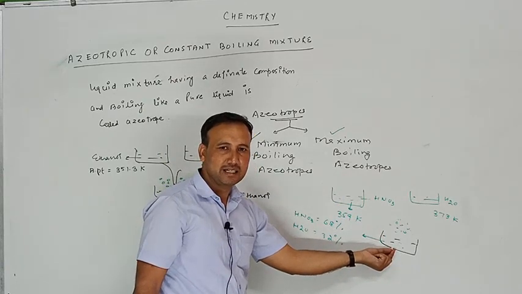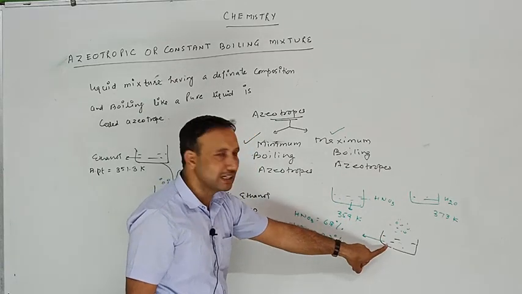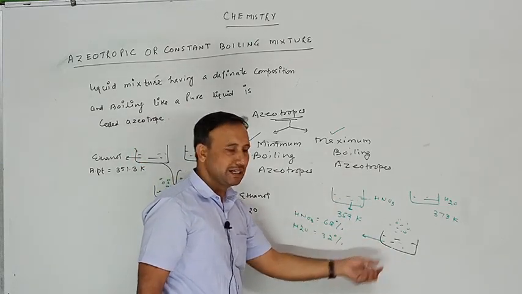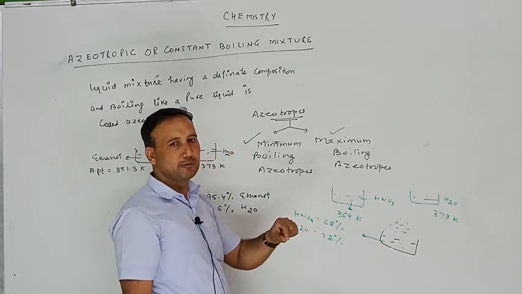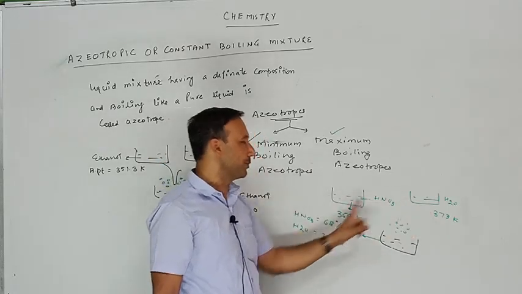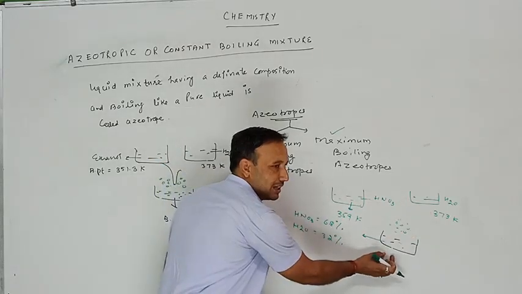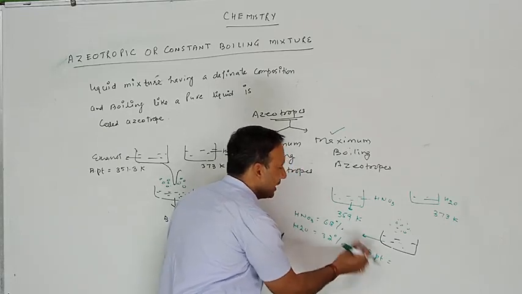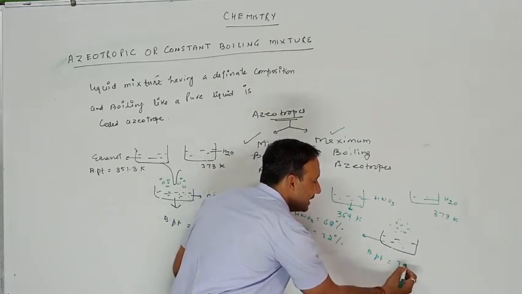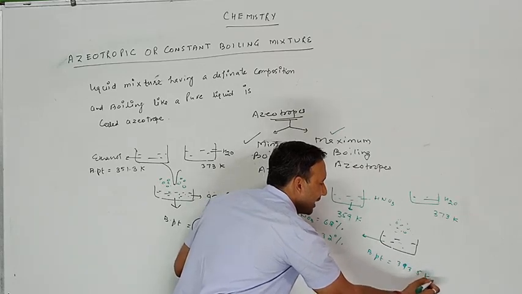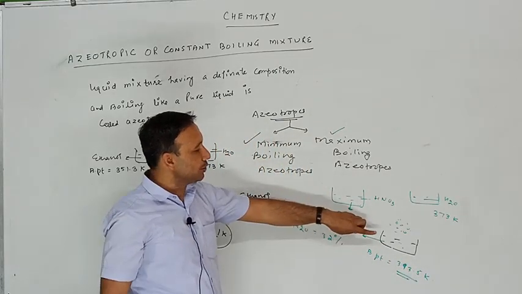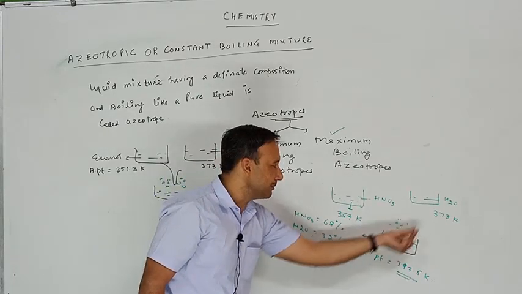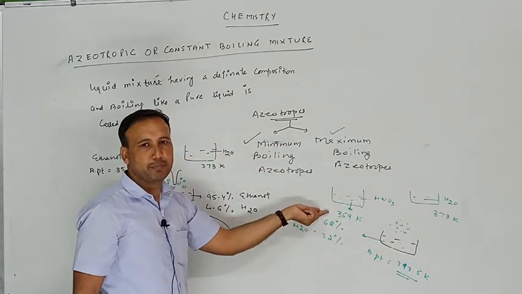And this liquid mixture will now boil at a higher boiling point, which is more than either of these two pure components, at 393.5 Kelvin. That is, the azeotropic mixture has a higher boiling point as compared to either of these two pure components.